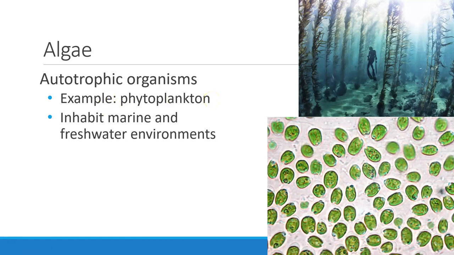They are basically the bottom of the food chain for marine and freshwater environments. They're essentially the grass of the ocean on a microscopic level. But we also have kelp forests, which is what these are. They're more macroscopic. So algae: autotrophic organisms, phytoplankton, which live in marine environments.